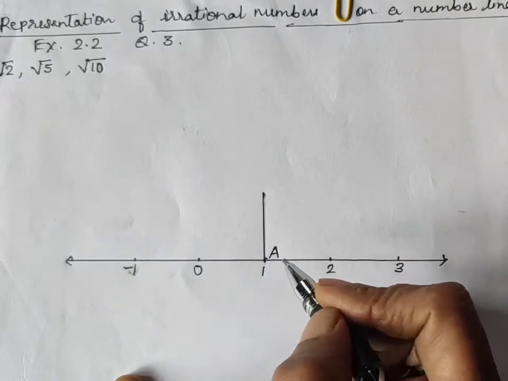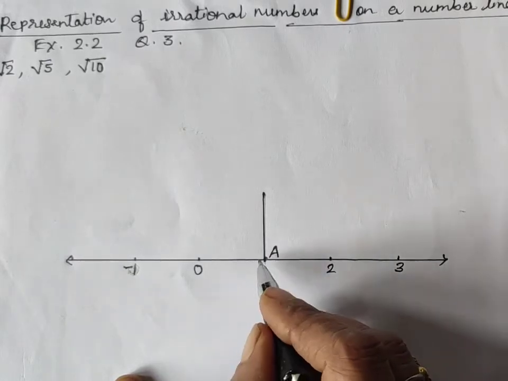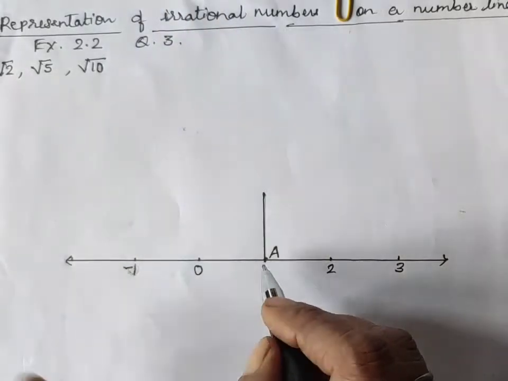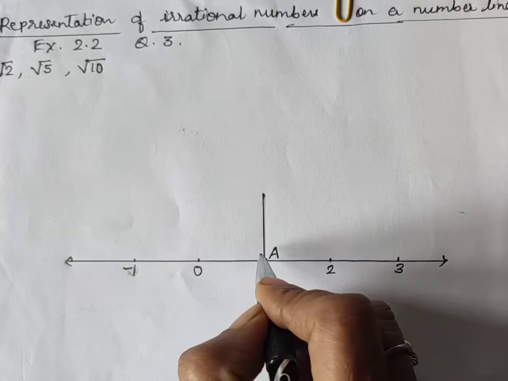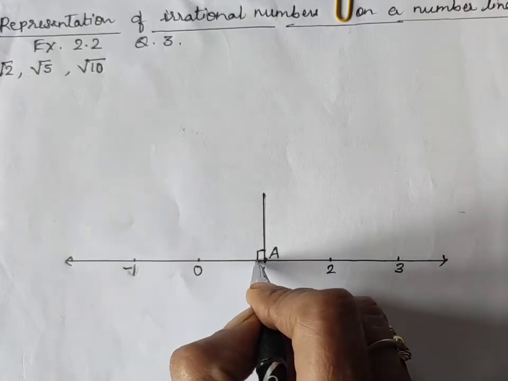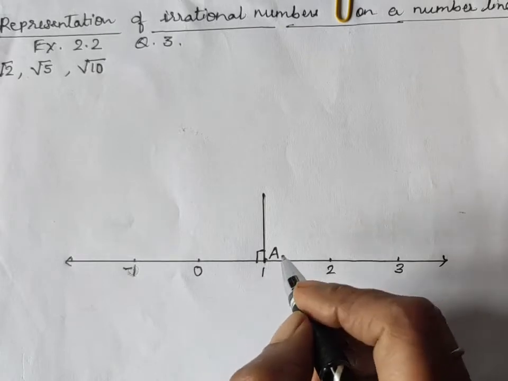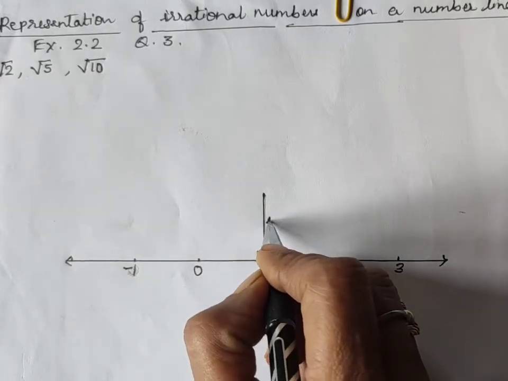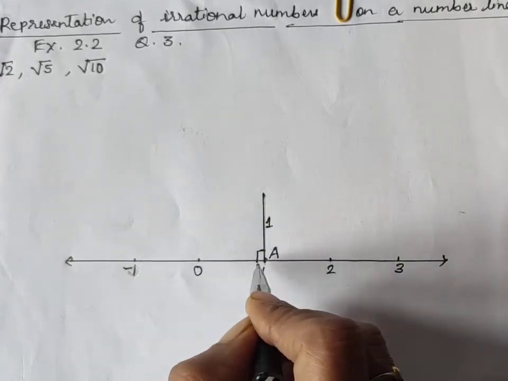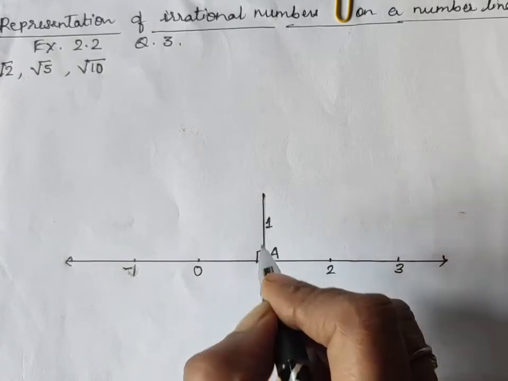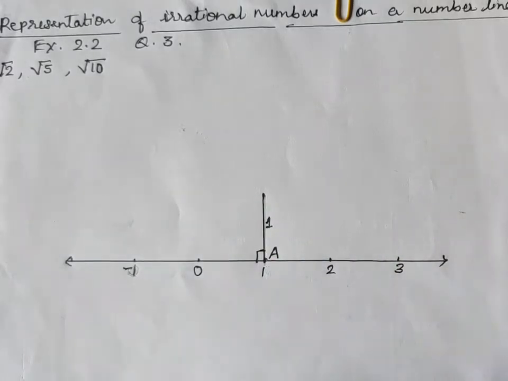Now you have to draw a perpendicular line to the number line at A. And remember children, this perpendicular line's length is also 1 unit. From here to here I have taken 1 unit, and the same distance here I am taking, that is 1 unit.